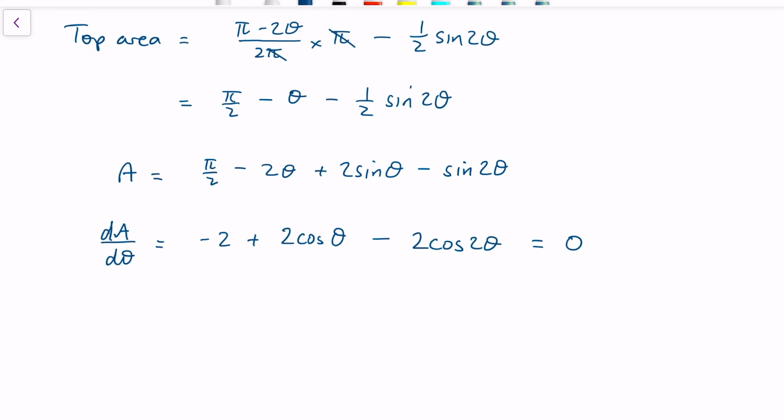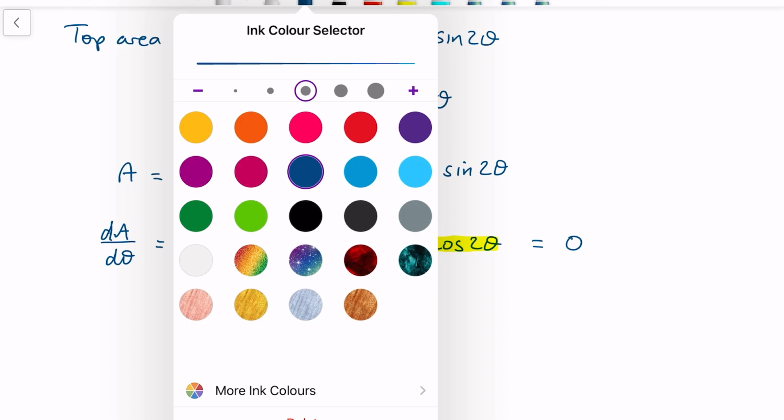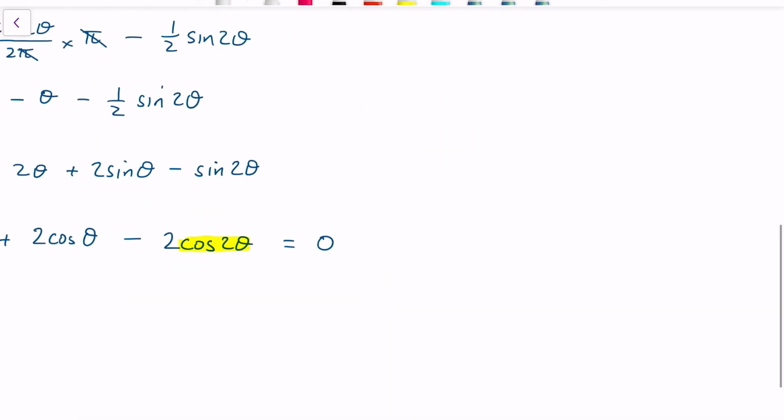Okay, to solve this equal to 0, we're going to need to tidy up the expressions, because actually what we've got here is a quadratic. We can replace this cos 2 theta using the double angle formula for cosine. Cos 2 theta is 2 cos squared theta minus 1.